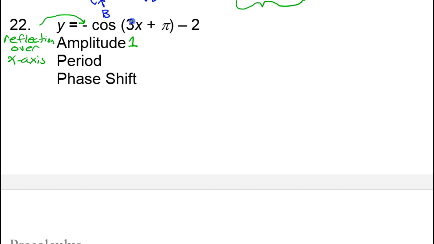Now the b value is going to end up being this 3. But before I judge the period and the phase shift, I really need to rewrite this function. So I cannot leave it as 3x plus pi. I must factor out the 3 outside of parentheses, like this. Okay?